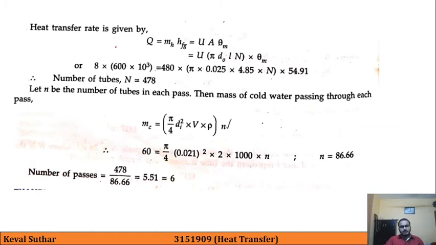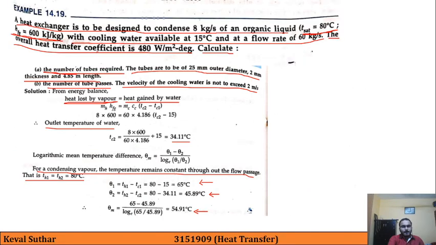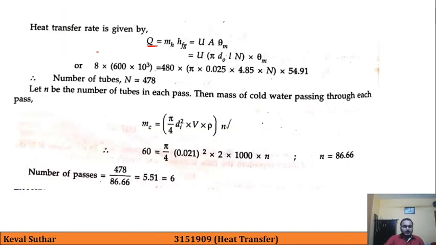For that purpose, first we can calculate the value of Q. So this will be, if you see, this is the value of m and this is the value of hfg, and this is overall heat transfer coefficient 480, pi, D0, L, these two values are given to us, and N is the number of tubes which are required, and theta m is already calculated in our previous slide.